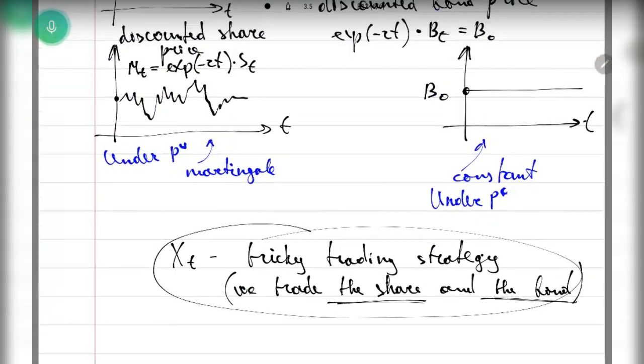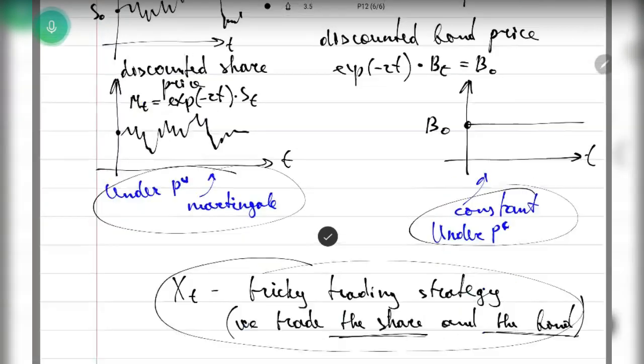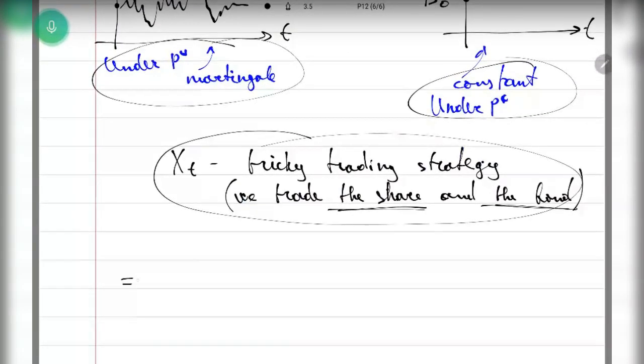But all discounted prices are martingales. The discounted price of a bond is constant. The discounted share price is a martingale. Hence XT is a combination.